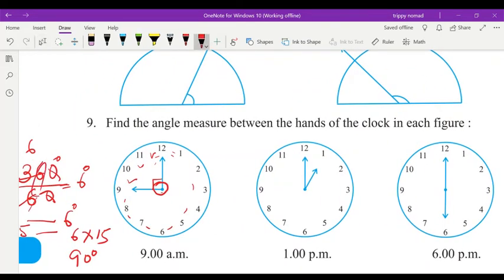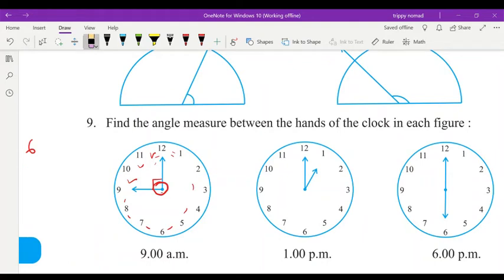So it is very simple to calculate. Only that part you have to remember, how many minutes were there? 15. So 15 into 6, what will be there? 90 degrees. This is the way.